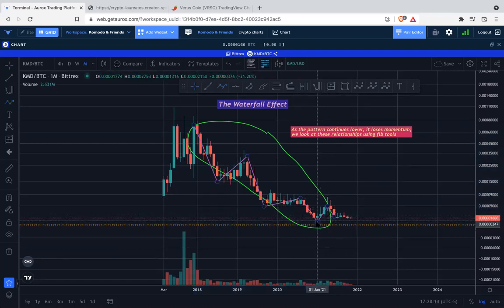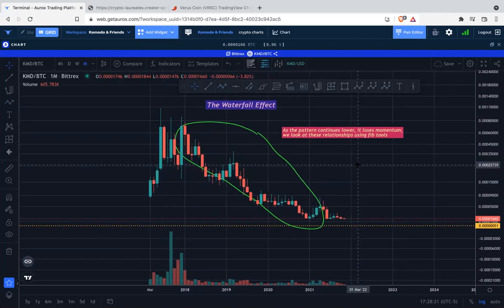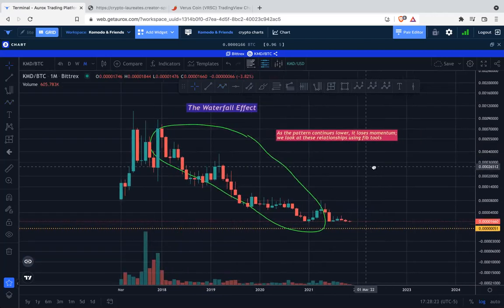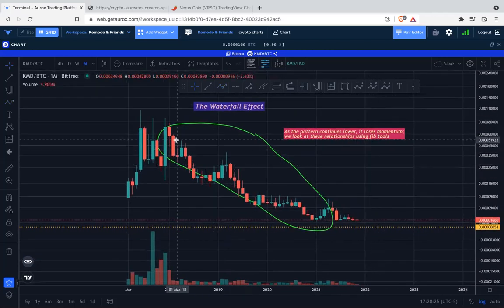Okay, down here. This is what, in the Neely method of Elliott wave in the Mastering Elliott Wave book, is considered the waterfall effect when you have a complex correction.